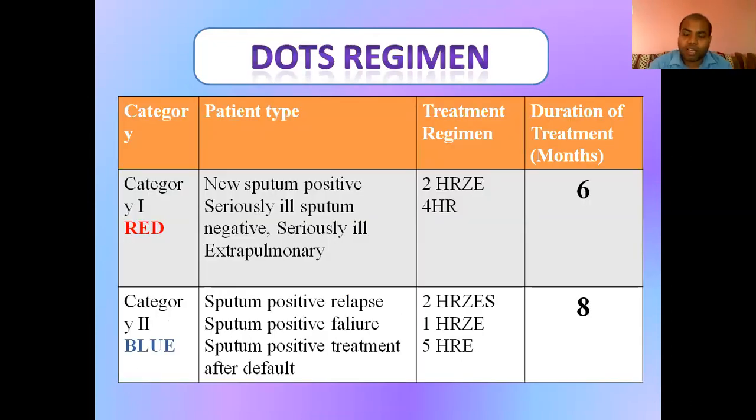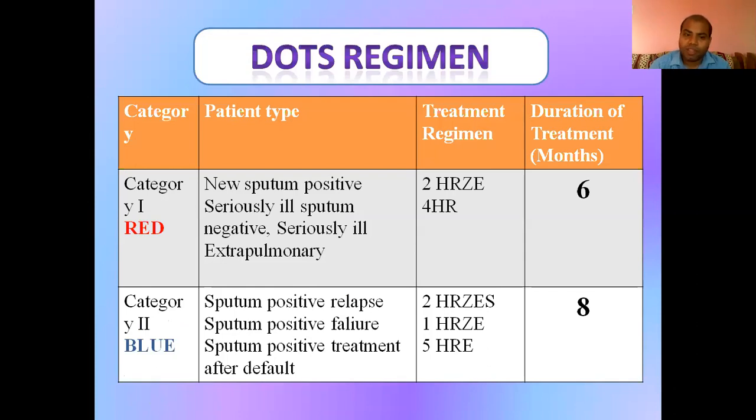So we are talking about DOTS, that is directly observed treatment short course. This is the actual short course of DOTS, where patients are categorized in category 1, known as the red box, and category 2, known as the blue box.